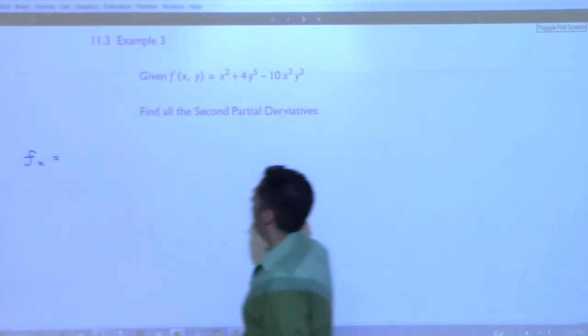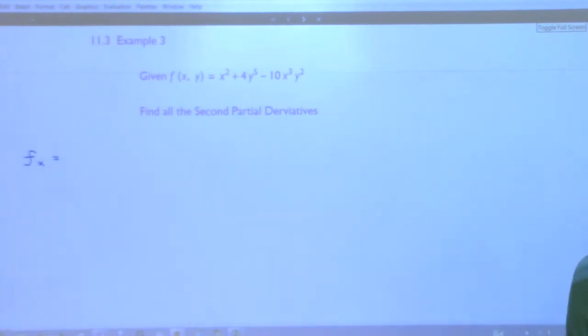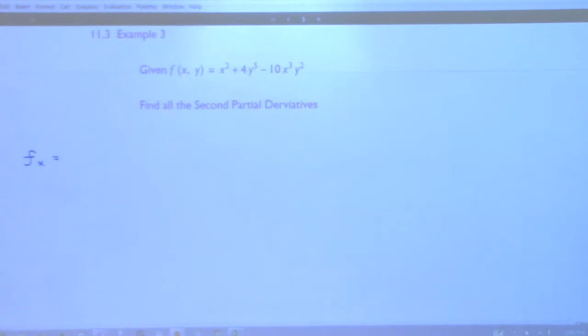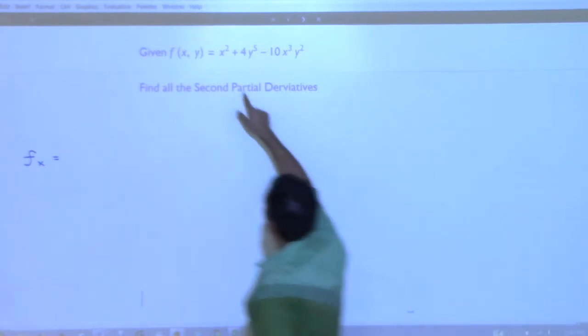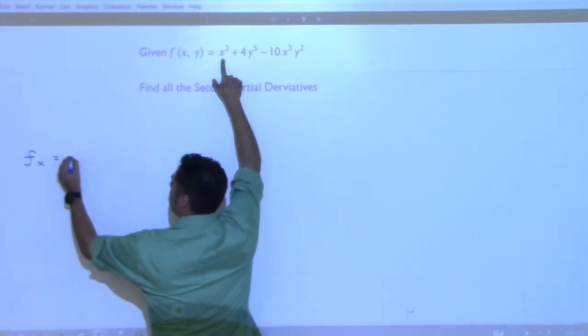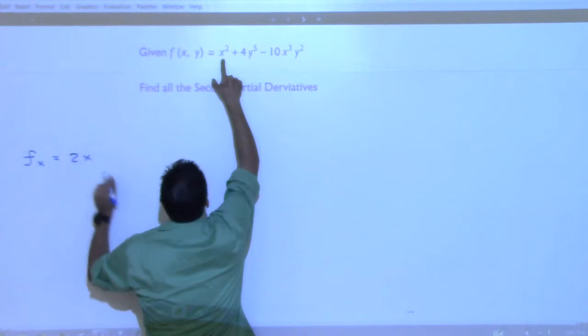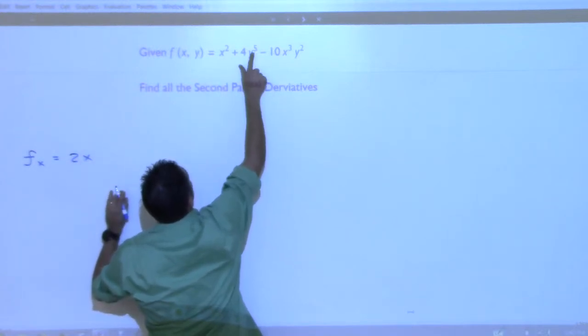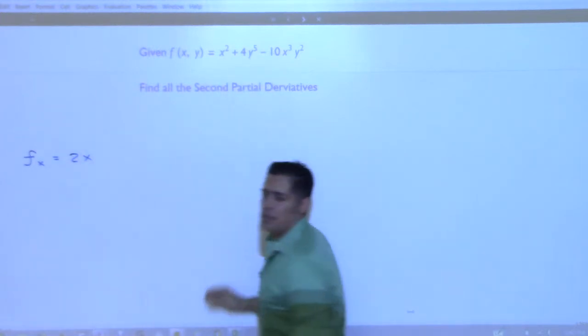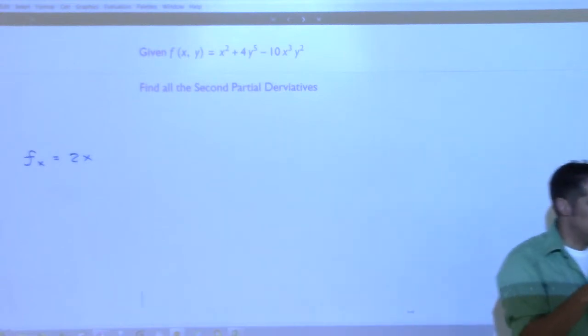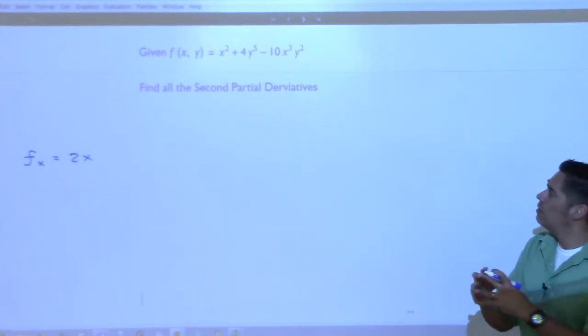So remember, that means we are going to treat all of our y's like constants. So what is the derivative of x squared? 2x, right? And then here, the y to the 5th is a constant. 4 is a constant. So that's all just a constant, so derivative of that is 0.